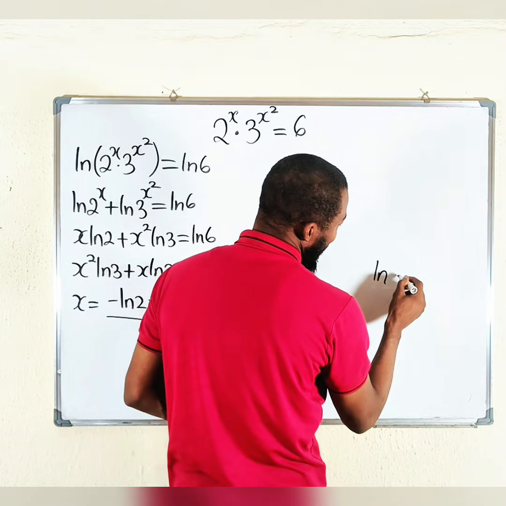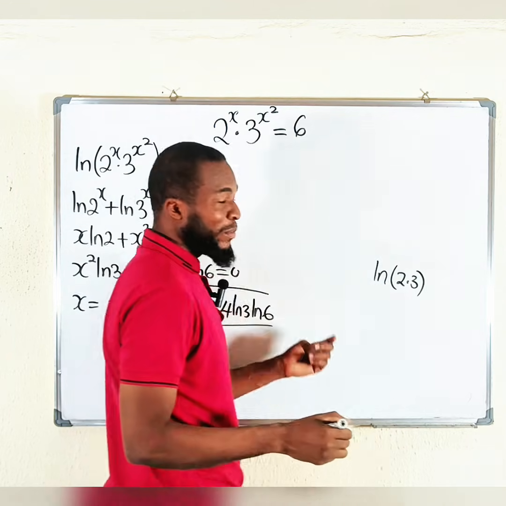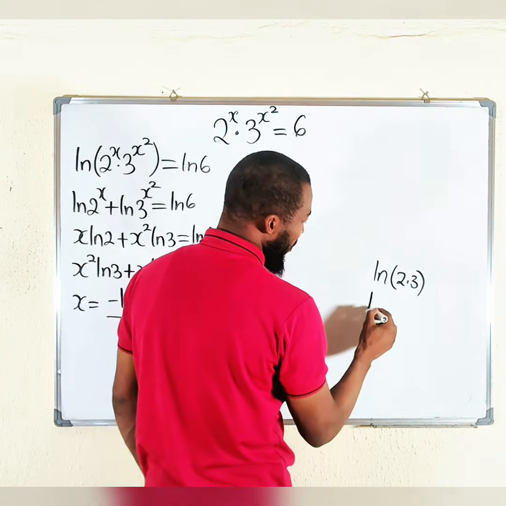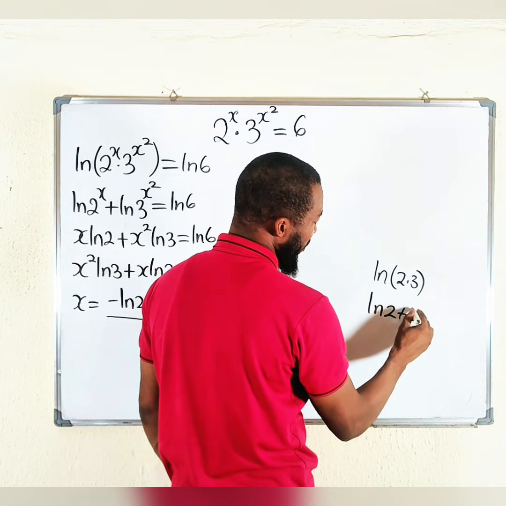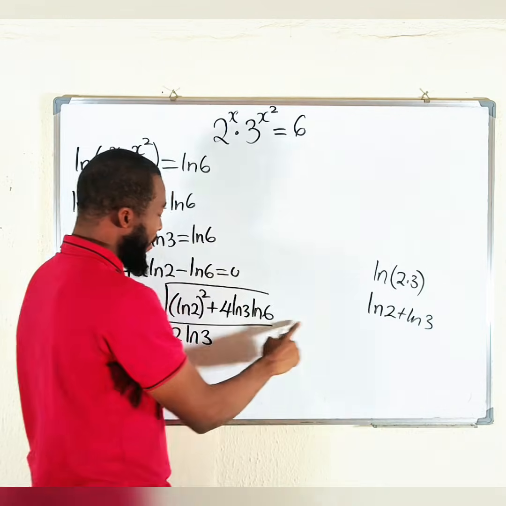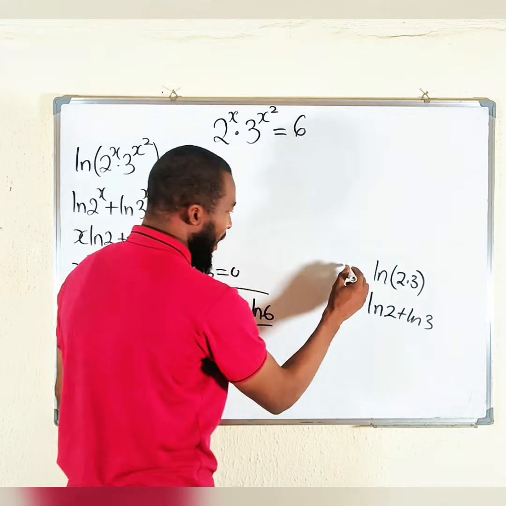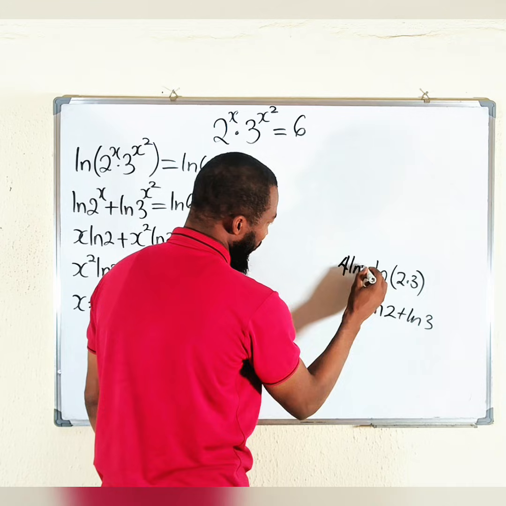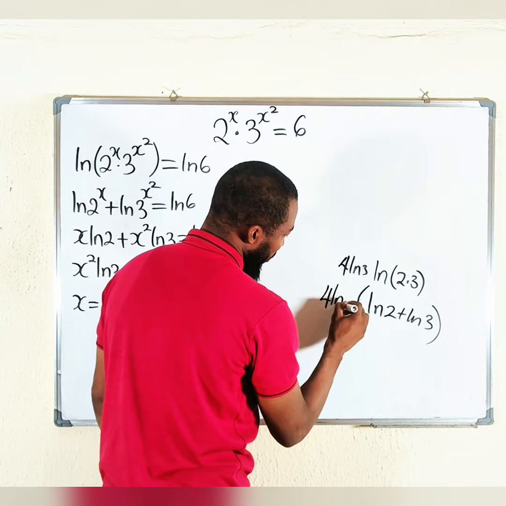Because natural log of 6 is the same thing as natural log of 2 multiplied by 3. I remember that law I applied initially, which said that you can split them using addition, log of 2 plus log of 3. So I can write this as this, but we have 4 natural log of 3 attached, so you have to multiply by this as well.